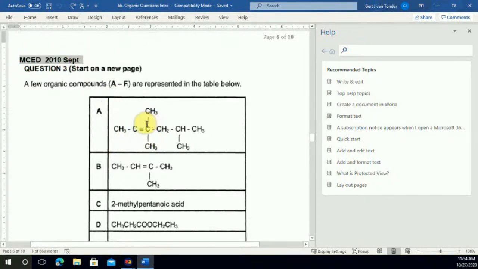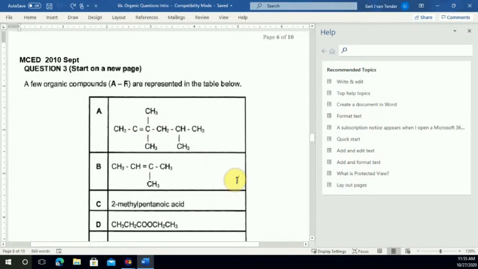I don't know if they picked it up, but definitely that is incorrect.